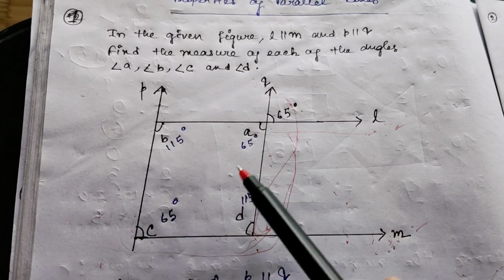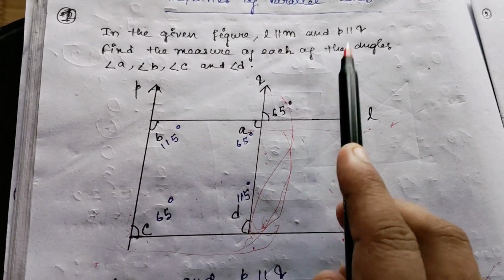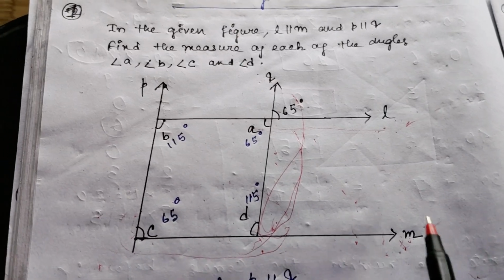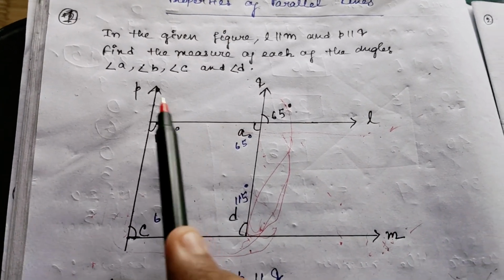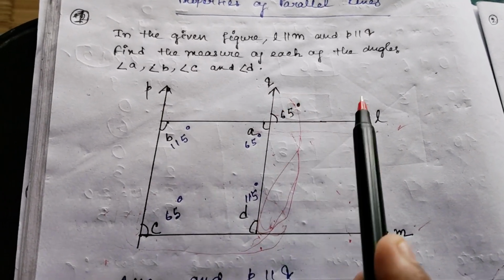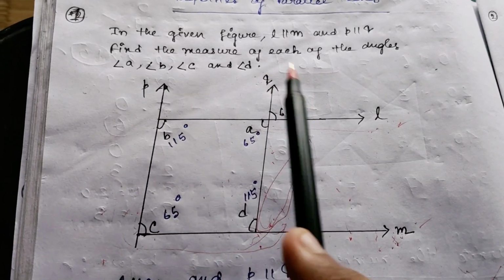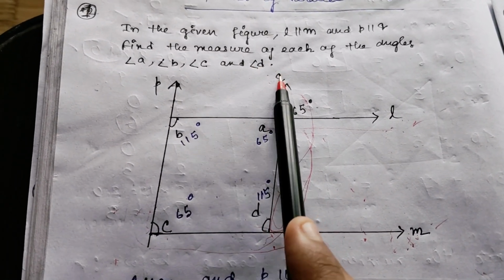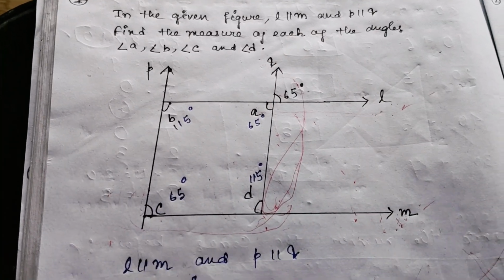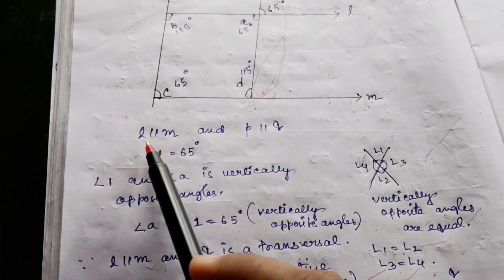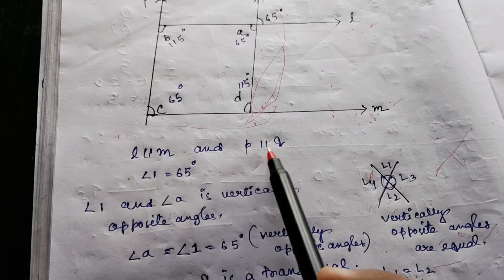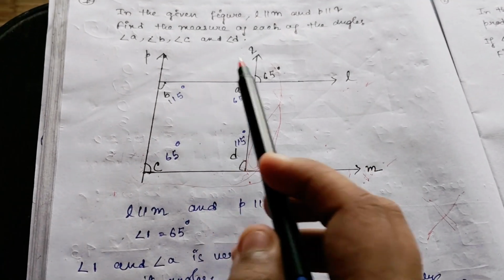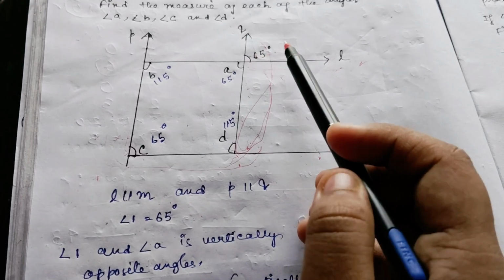Given L parallel to M, this is the line L, this is the line M. So L parallel to M and P parallel to Q. Here we have to find angle A, angle B, angle C and angle D. These things are given and this angle is also given.